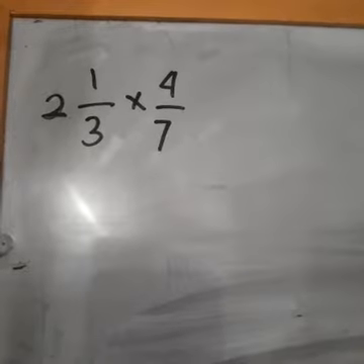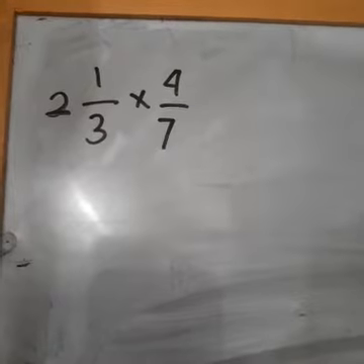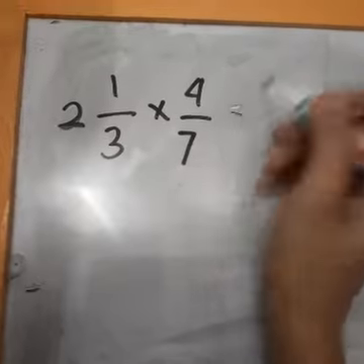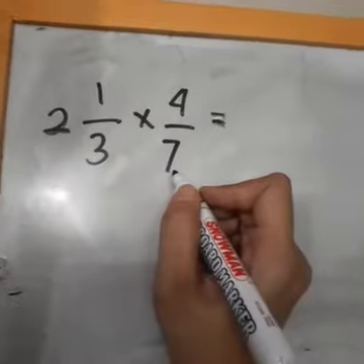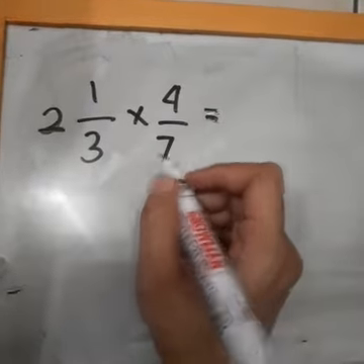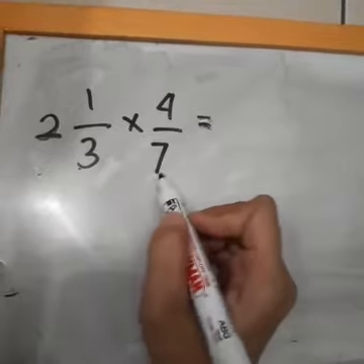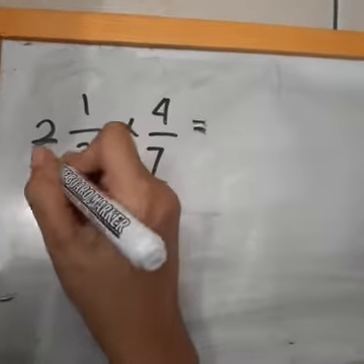So the third example is 2 1/3 times 4/7. This is a mixed fraction and this is a proper fraction. We have to change the mixed fraction into an improper fraction.